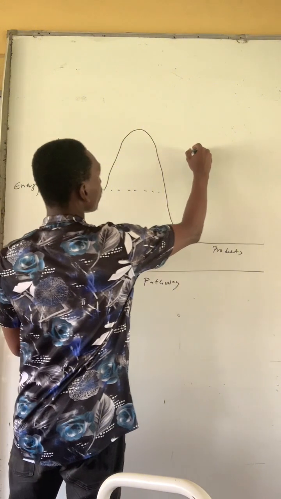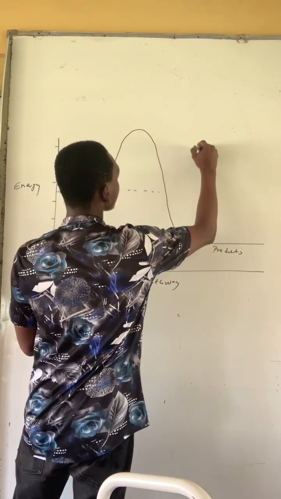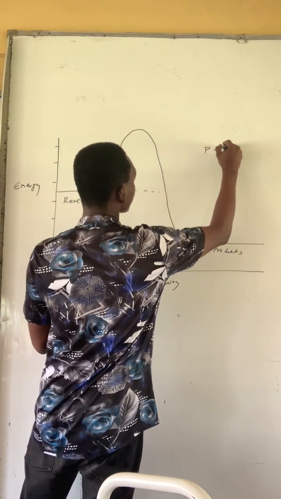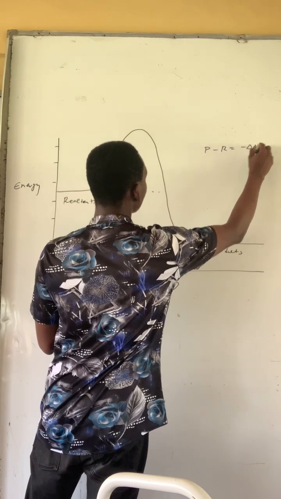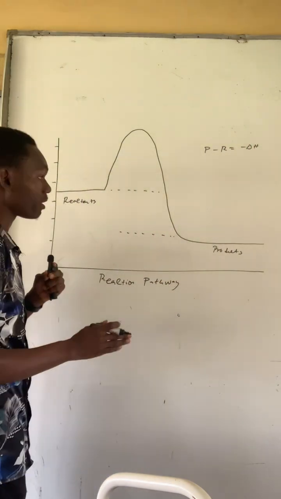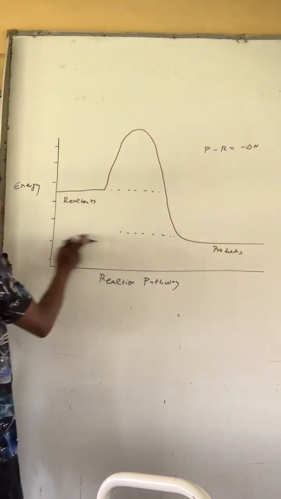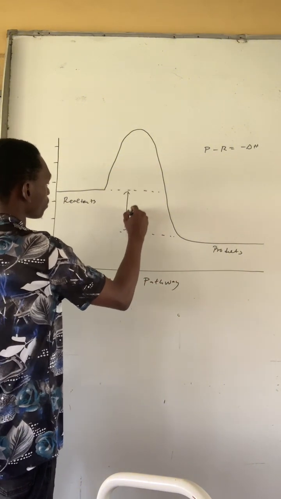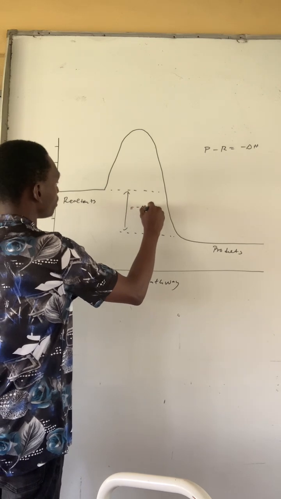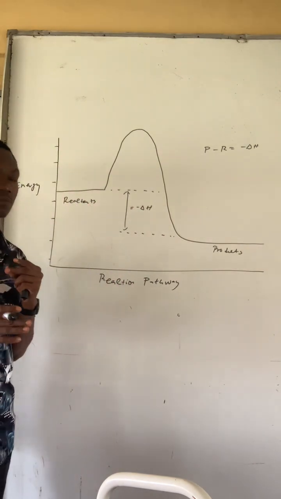Remember, the product minus the reactant gives us a negative value, then it's an exothermic reaction. So the energy of the product is here, the reactant is here, and this difference gives us a negative enthalpy change.